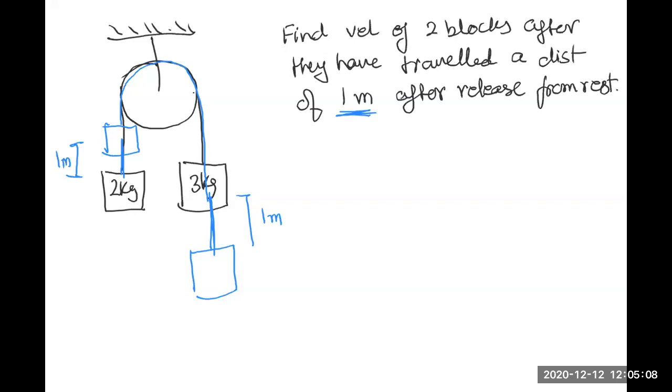As these 2 blocks move from the black position to the blue position, the forces acting on both the blocks are gravity and tension, और कोई force नहीं. Furthermore, these forces are acting throughout the motion of the object. So I am going to give you a question where there will be forces only for part of the motion of the object. Right? This is going to be there. This is going to be a common feature.